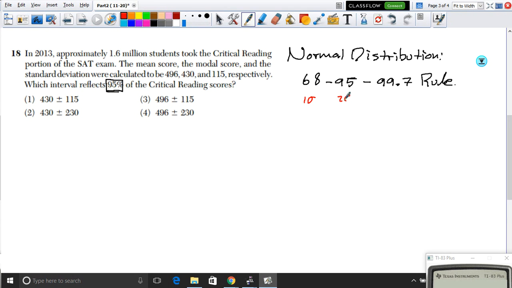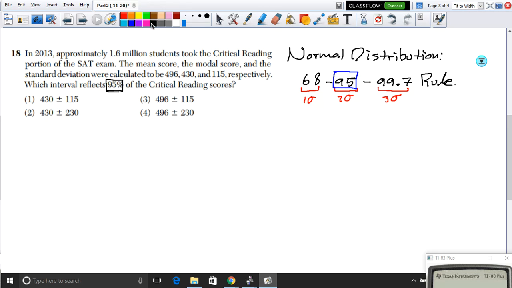If you take two standard deviations, you will obtain 95% of the normal distribution. And if you take three standard deviations, you will obtain 99.7%. Notice that the question is asking which interval represents 95% of the critical reading scores, which is pretty much asking what happens when you take two standard deviations.